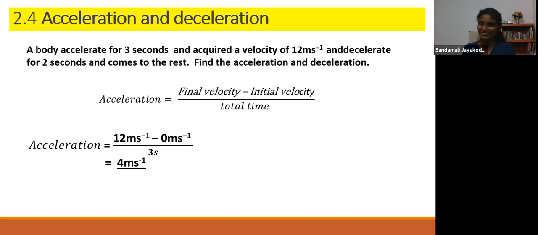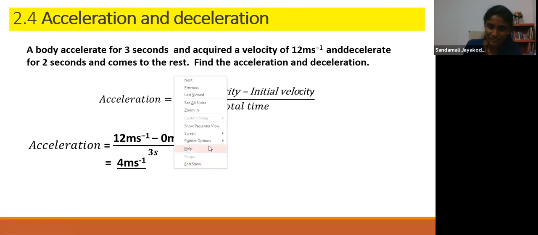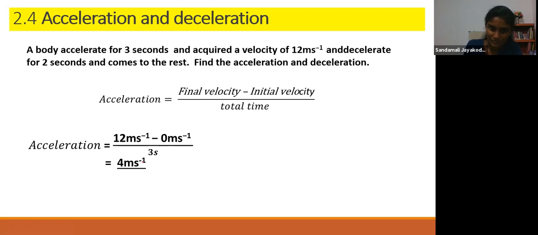Yes, ma'am. Okay, the answer is 12 divided by 3. Our answer is 4 m/s squared. And again, I have put it as minus 2, it should be 2 here.